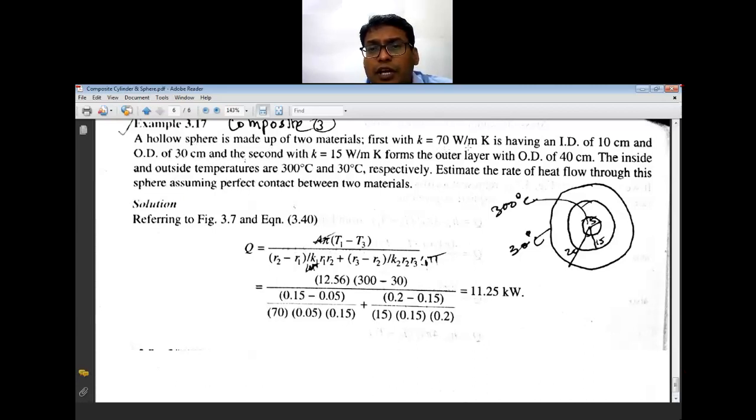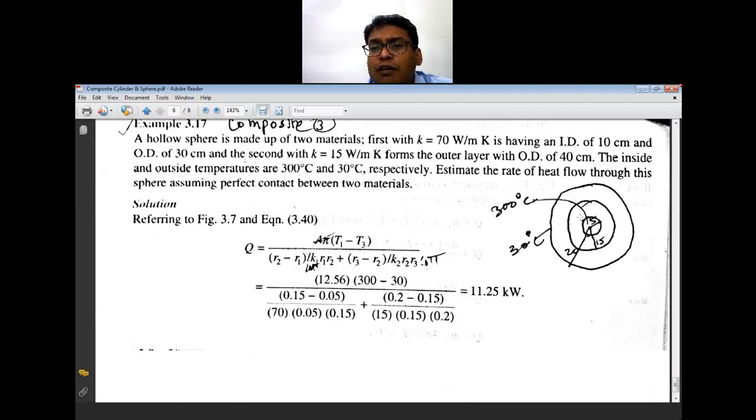The first, with a thermal conductivity of 70 watt per meter Kelvin, has an ID of 10 centimeter and an OD of 30 centimeter, and the second, with thermal conductivity K equal to 15 watt per meter Kelvin, forms the outer layer with an OD of 40 centimeter. The inside and outside temperatures are 300 degrees Celsius and 30 degrees Celsius. Estimate the rate of heat flow through this sphere, assuming perfect contact between the materials.